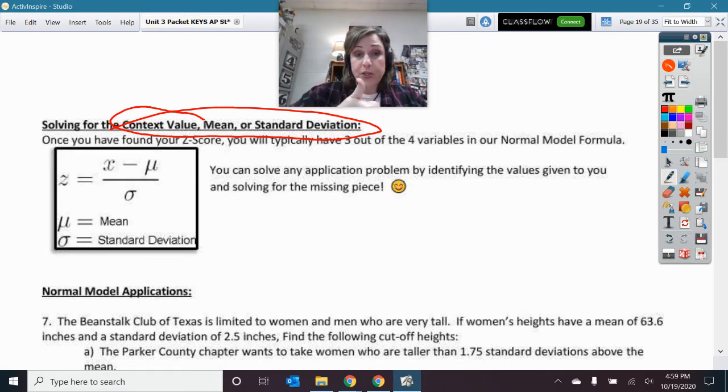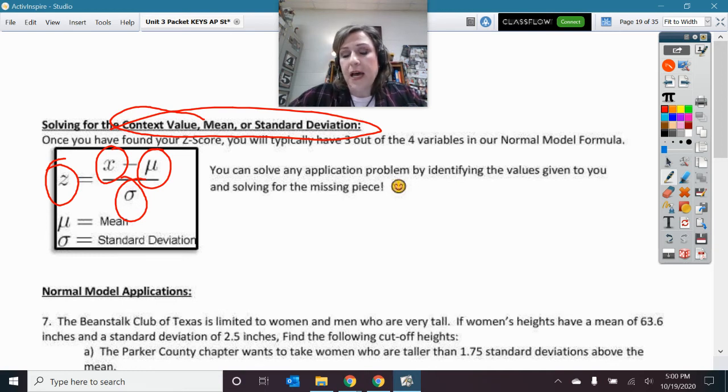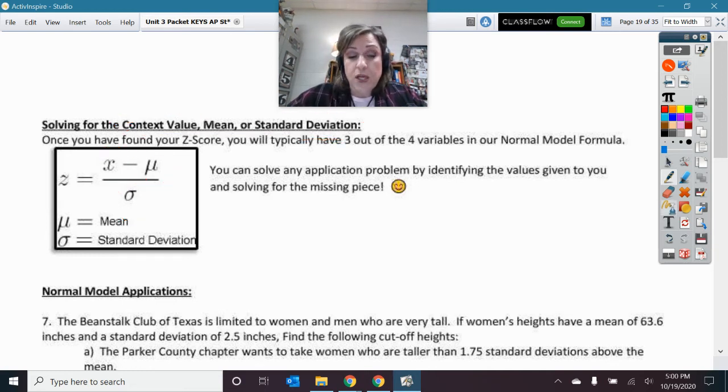So they'll tell me a percent, I'll find the z-score from that, and then I should have 3 out of these 4 things given to me. It kind of just depends on the problem which ones they give you. So we're going to have to work through figuring out which ones they give you, because they will give you 3 out of the 4, and then you can solve algebraically for the 4th.